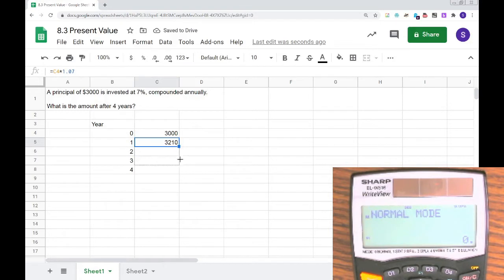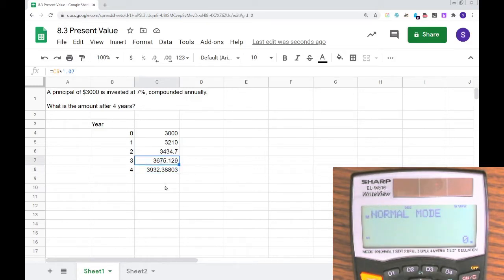And then we continue the pattern. So to get this value, we multiply $3,210 by 107%. To get this value, we're going to multiply this by 1.07. And to get this value, we're going to multiply this by 1.07.